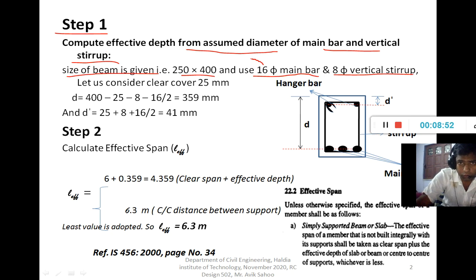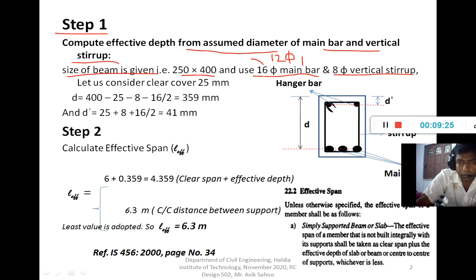So you may use lesser dia for main bar, as per code minimum 12 mm you have to use. Okay, so you may use more than 16 like the 20, 25. Okay, but this is standard. Generally in building construction, for superstructural beam, generally the 16 mm main bars are commonly used.